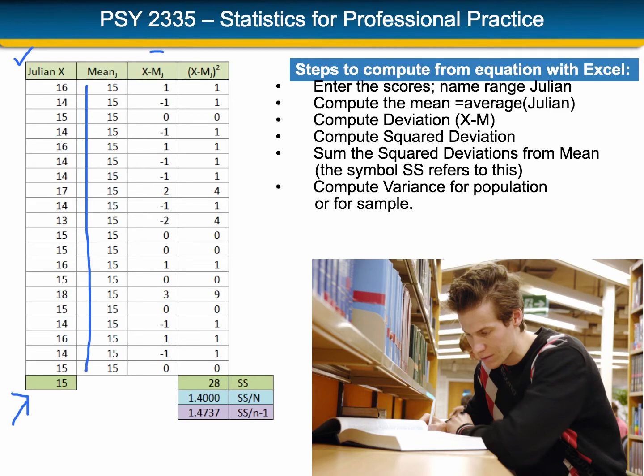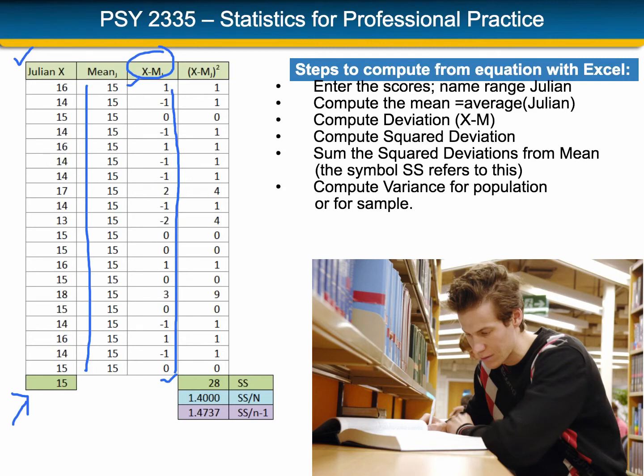This let me create a column where I created the difference, x minus the mean. And once I typed that equation into the first cell, I could pull down with that little box in the lower right hand corner, and Excel copied the equation rather than the value all the way to the bottom and carried out the computations.